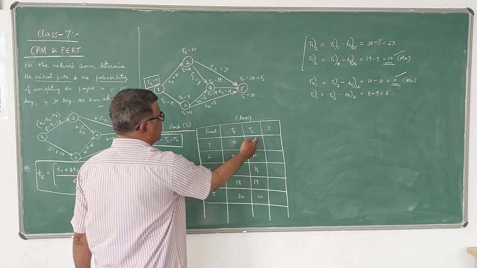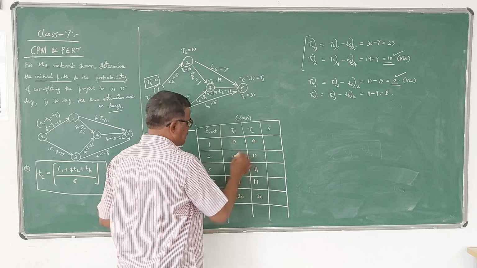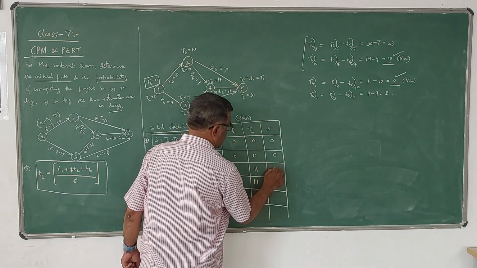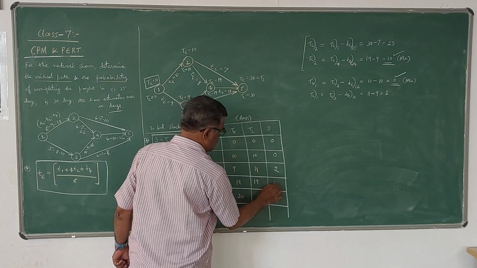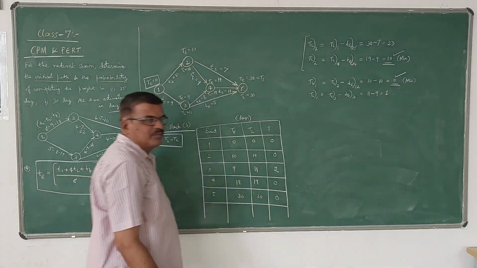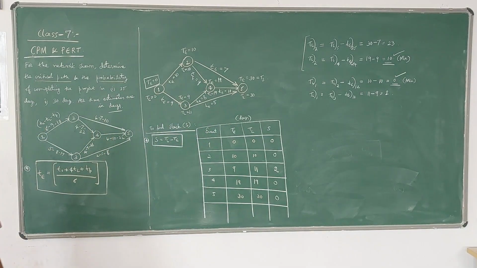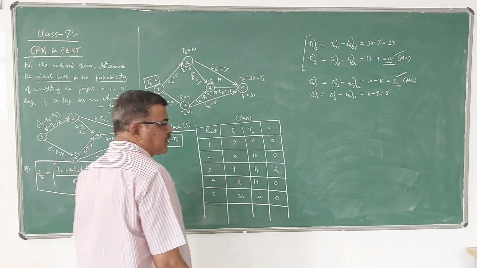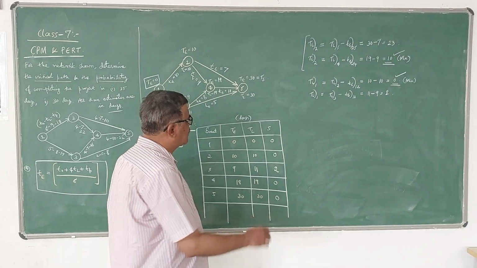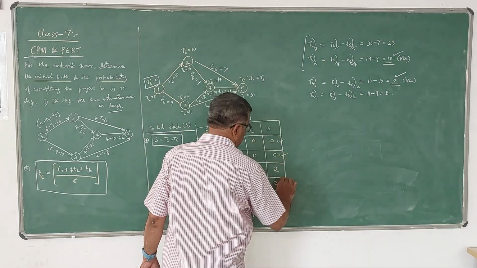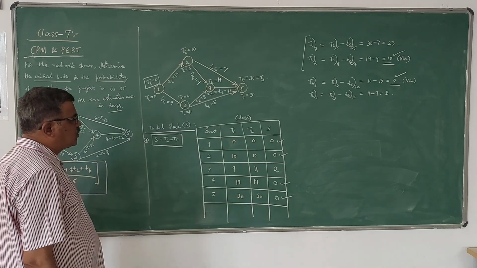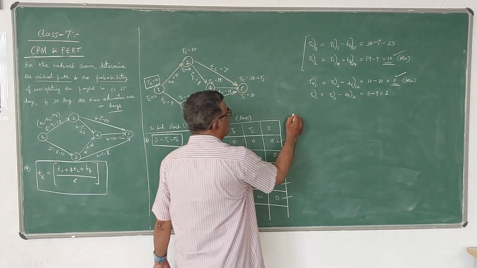Slack is the difference between these two, so PL minus PE. So it is 0, 0, 2, 0, 0. For 4 events, slack is 0. For 1 event, it is positive. So we have to take 0 or most negative. We have to connect all these events which have slack 0. So what is the critical path now?